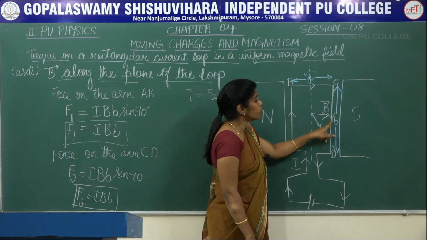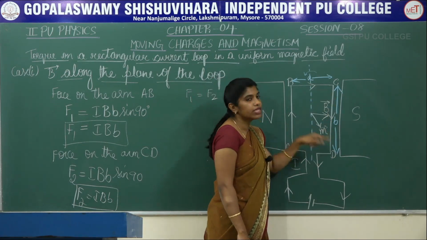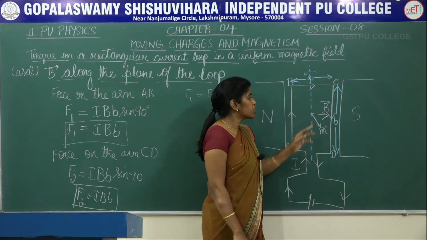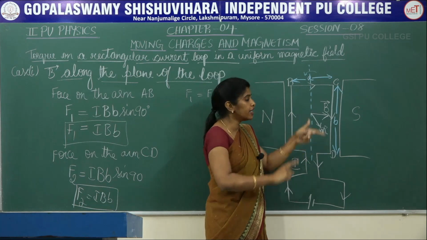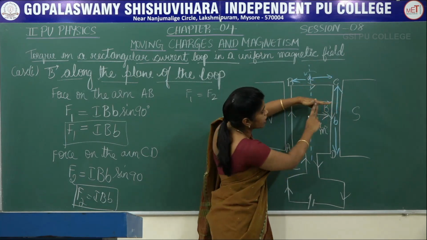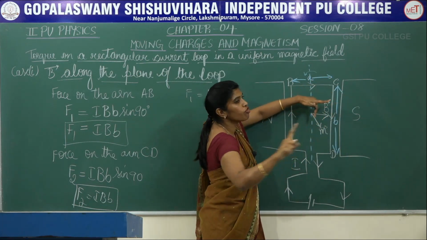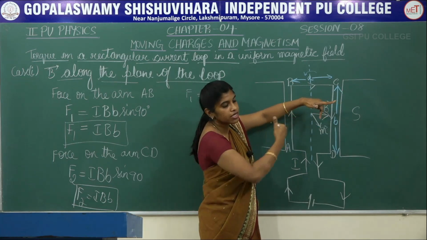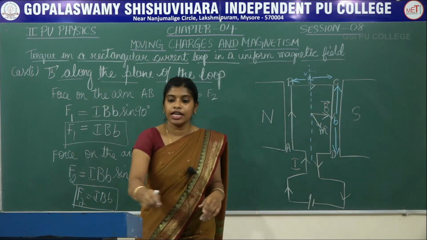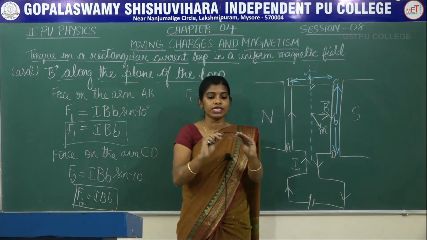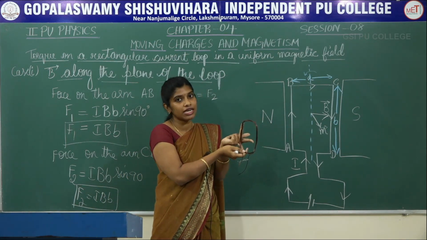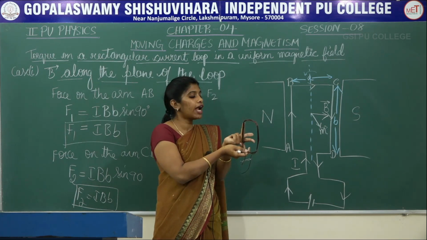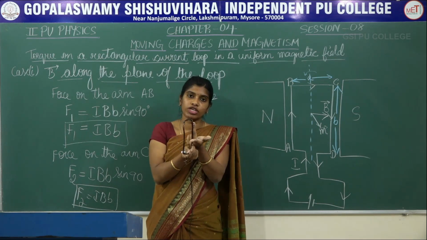Next, coming to the force in the case of the side arm CD. Again the direction of the current is downwards, the magnetic field is this way, and the force will be in this direction, that is outwards. So let me explain it to you using this. Middle finger is in the direction of the current, forefinger is in the direction of the magnetic field, and the thumb represents the direction of the force.